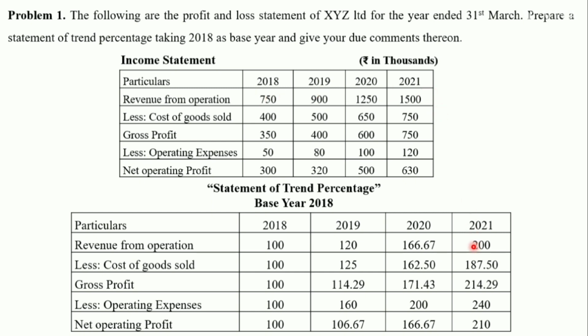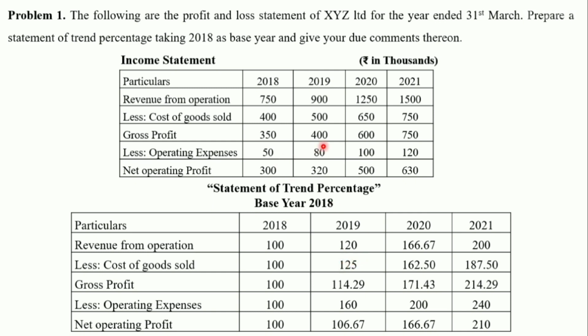Likewise we are going to calculate for the cost of goods sold, gross profit, operating expenses and net operating profit. Now the cost of goods sold for 2019 is 500. 500 divided by base year figure 400 into 100, that will give 125. Clear?